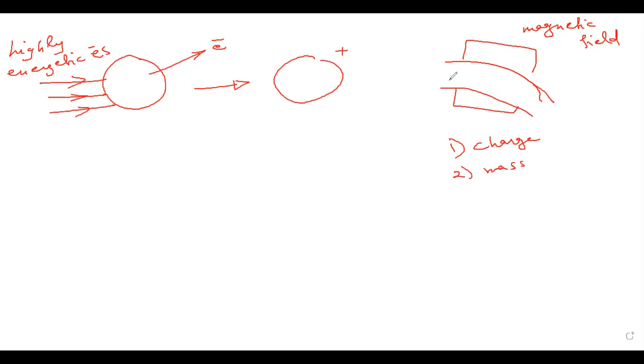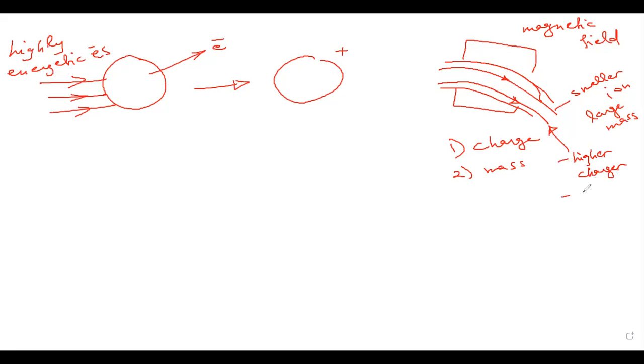So the higher the charge and the lighter the ion, the more it will be deflected than the heavier mass or larger ion. So here, smaller ion and large mass, and this one will be deflected, the higher charge and lower mass.